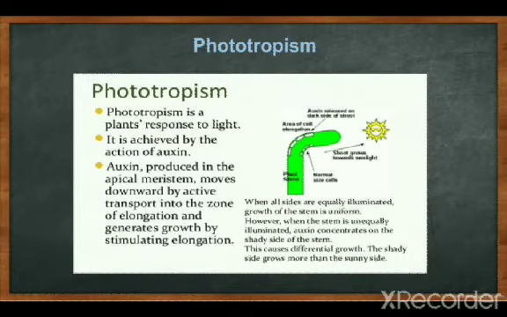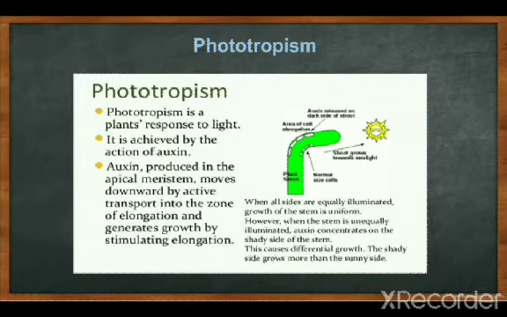Any bending of a plant towards the direction of sunlight is called phototropism. It is unidirectional. It means it takes place in the direction of the sun. Here the shoot will give a positive response and the root will give a negative response.